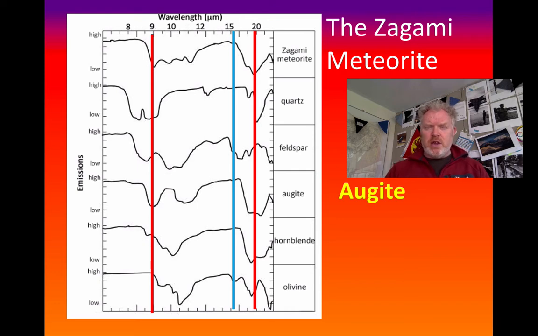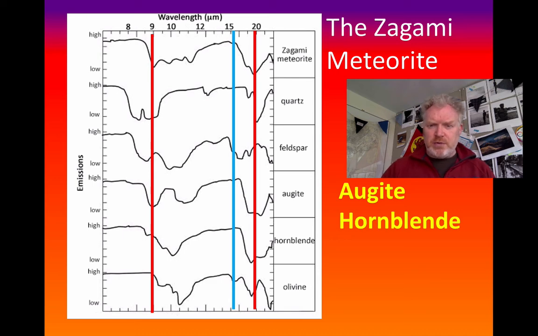There are some other minerals that seem to have an influence as well. The second one I can see is hornblende. The larger wavelength there, you can see on the right hand side, matches that low point on both the meteorite and hornblende. Similarly, the high points on the blue line match hornblende and augite.